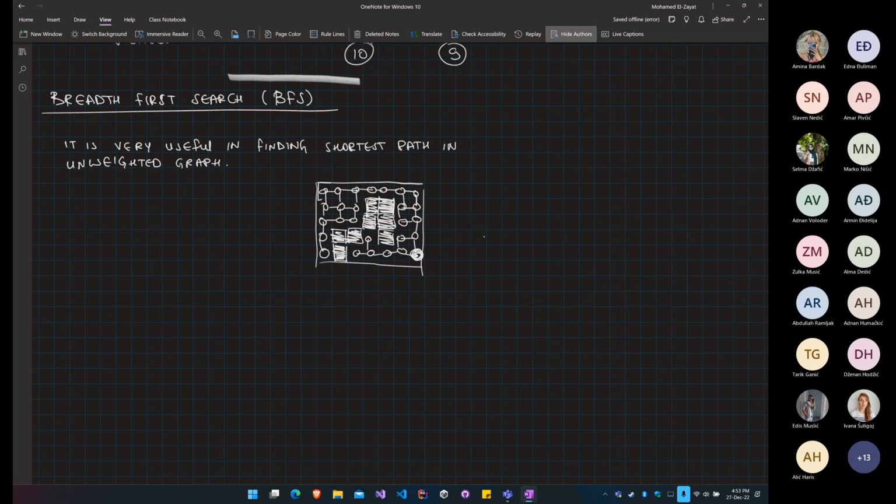But again, there are more optimal algorithms than this when it comes to known terrains or known areas. So if you have a map that is known, if your maze is known, like somebody gives you the maze as an input, there are better and faster algorithms than BFS.